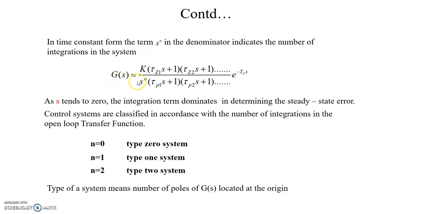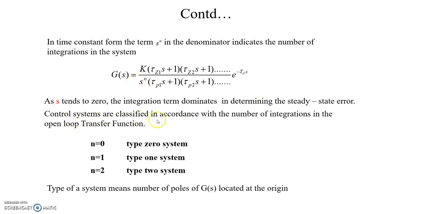Okay, so g of s is equal to k into (tau z1 s plus 1) (tau z2 s plus 1) etc., divided by s power n into (tau p1 s plus 1) (tau p2 s plus 1) etc., into e power minus td s. As s tends to 0, the integration term dominates in determining the steady state error.